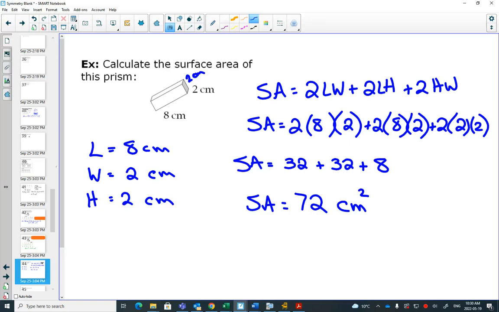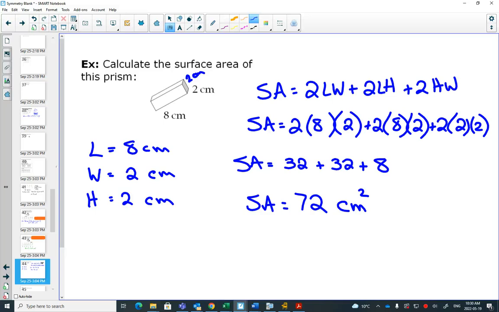The problem with formulas is sometimes you don't have them with you. Sometimes you're trying to figure out a question and you don't have a formula with you, so I want to make sure that you guys understand, what does surface area mean? It's adding up all the areas of all the sides.